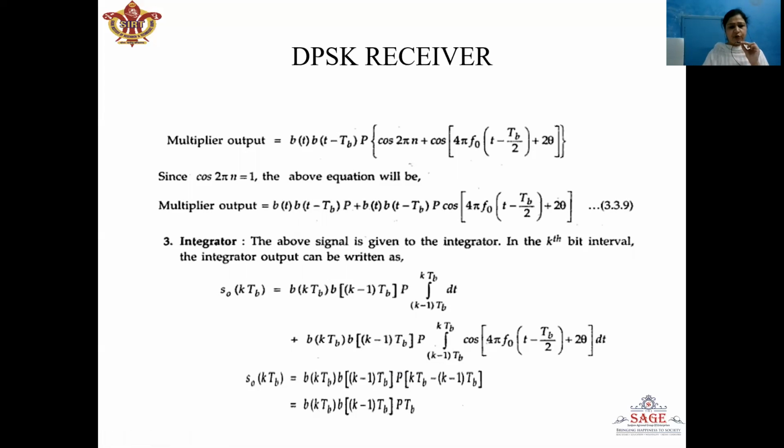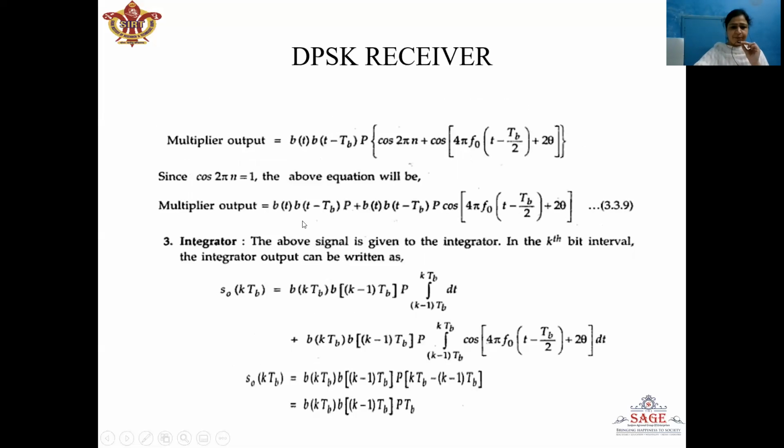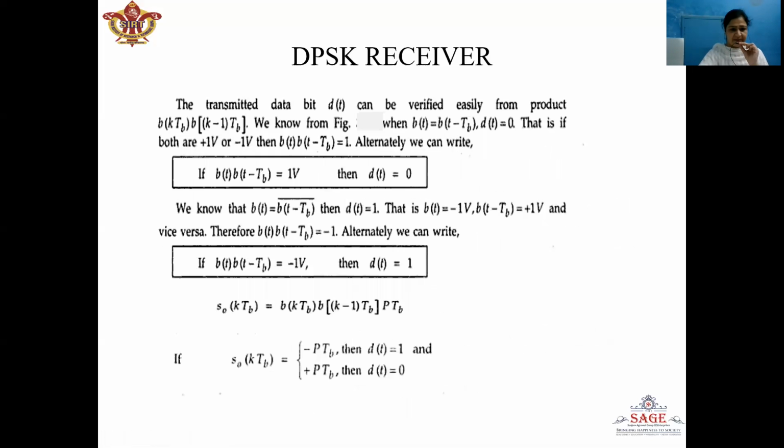Here P into Tb represents the energy of one bit, which is represented by Eb. In this output signal, we can see that we have obtained the product of the two consecutive bits, which is b(kTb) and b((k minus 1)Tb), that means the kth bit and the (k minus 1)th bit.